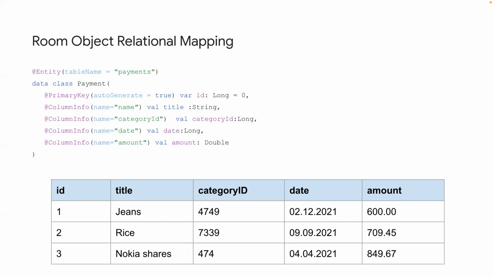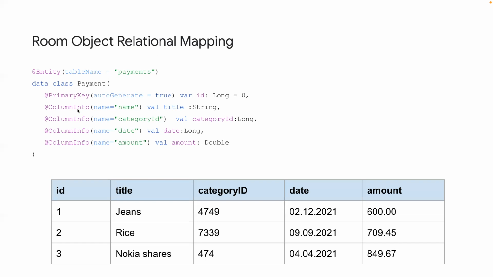So we create a payment, and it is this object that contains that data. Now, to convert that class into a relation or a table in the database, we need to provide this annotation called Entity, and then you need to provide a table name. Oftentimes we make the table names plural. So it's going to be the name of the class, of course, but you make it plural and in small letters.